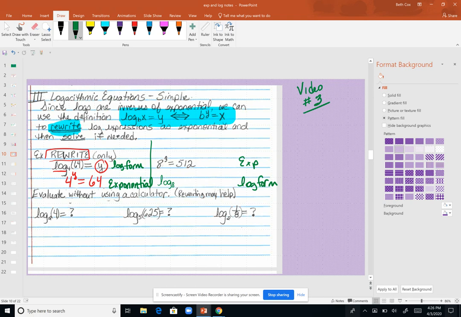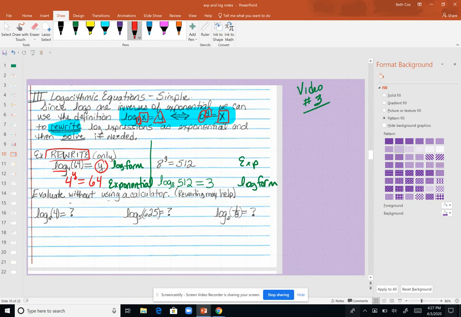So what exponent turns 8 into 512? Well, that would have to be 3. So now one thing that you can do is just compare in your definition here the b and where it goes, the x and where it goes, and then the y and where it goes.